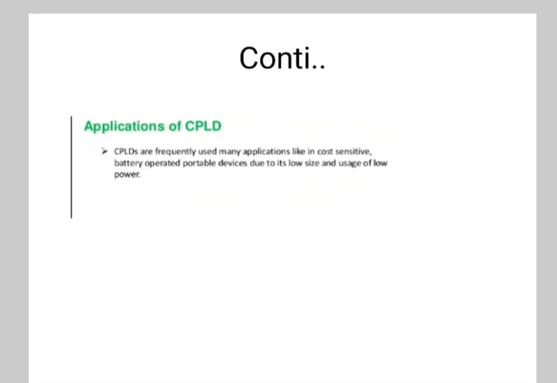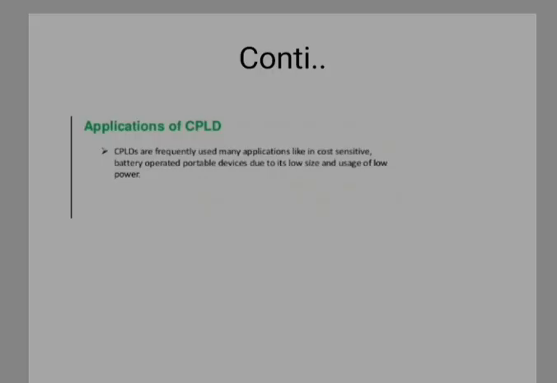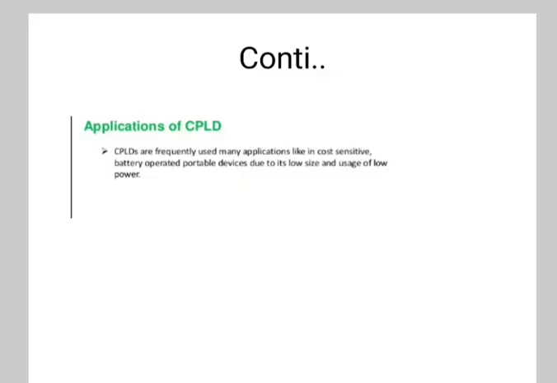How many input outputs are independently used for any function and how many are dedicated for clock input? What is the output drive capability in terms of voltage level and current, and what kind of logic is included in an input output block which can be used to increase the functionality of the design? So these are the selection criteria for the CPLDs.